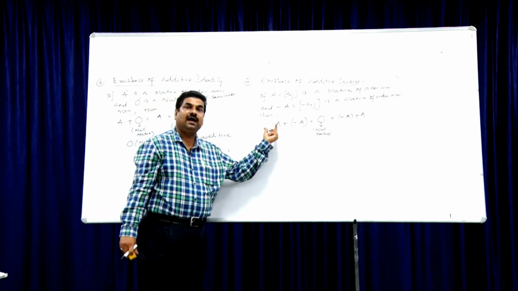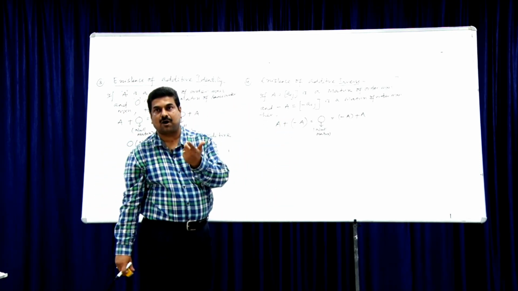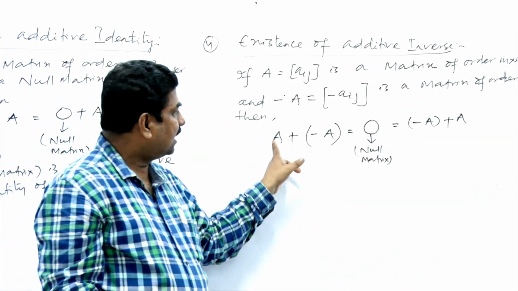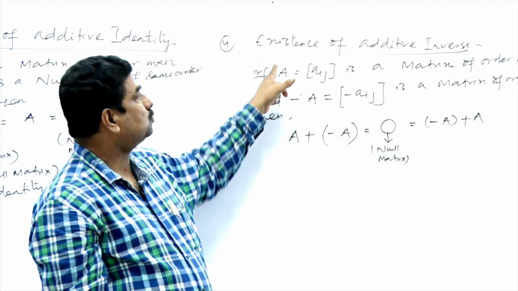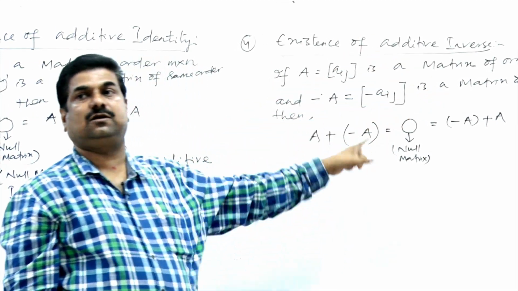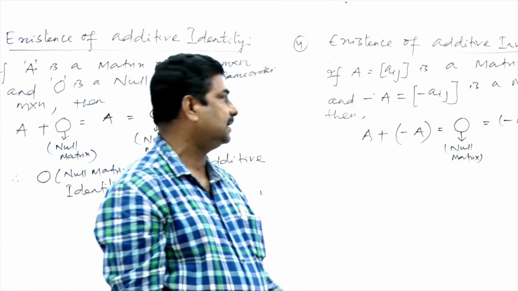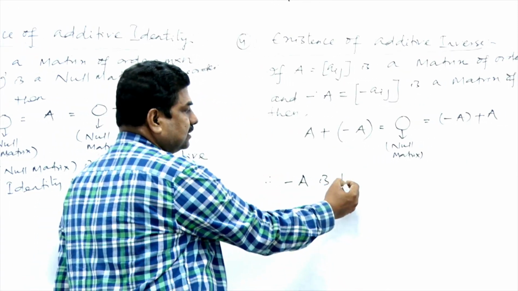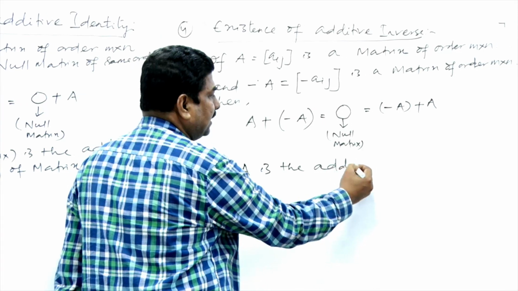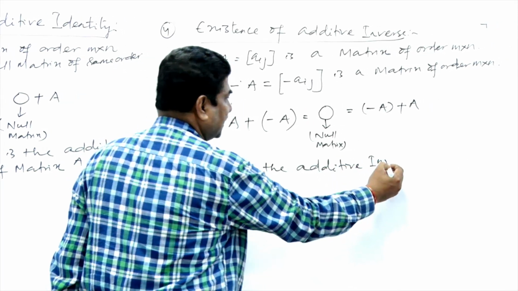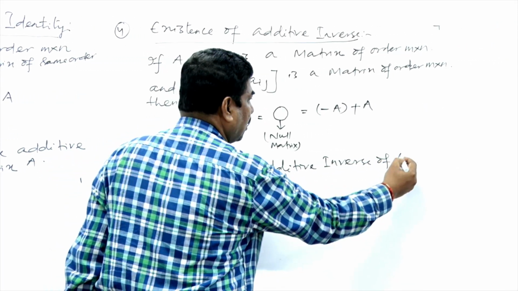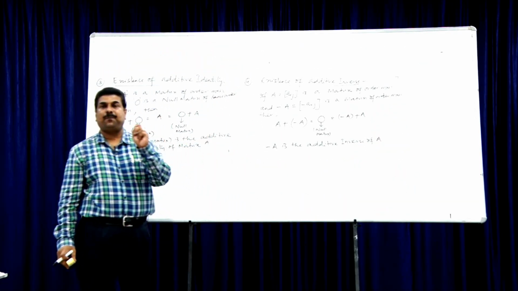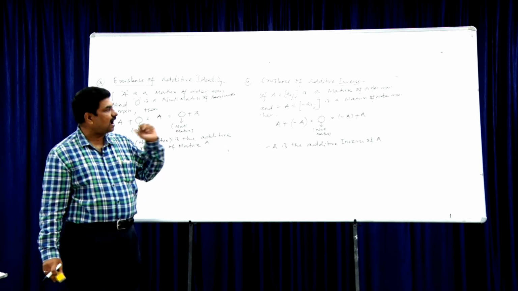Therefore, A plus minus A is also equal to minus A plus A, and the addition of these two, which are of the same order, is equal to the null matrix. Here we call minus A the additive inverse of A, dear. This is all about the properties of matrix addition.